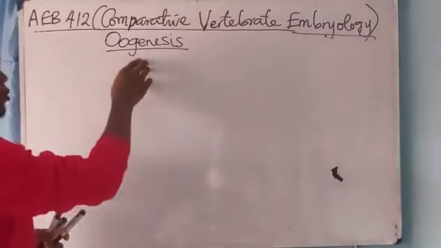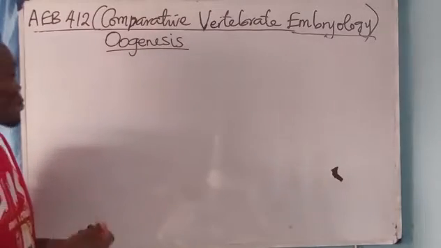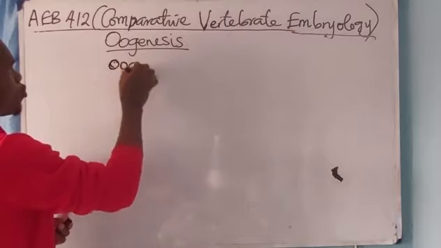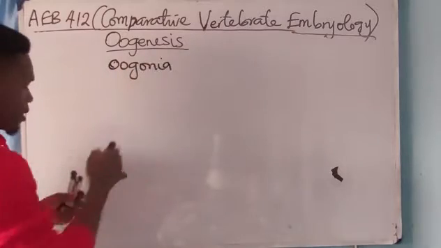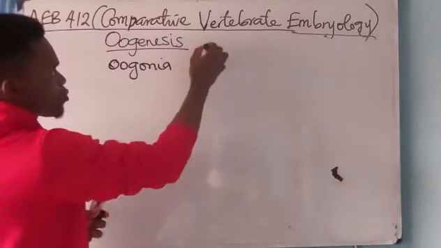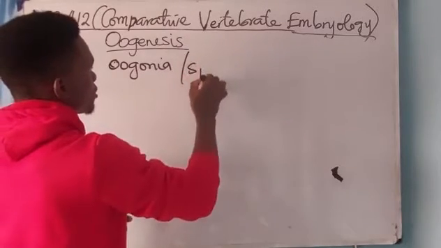During oogenesis, the primordial germ cell would undergo mitosis to produce oogonia. But in spermatogenesis, it produces what? Spermatogonia.